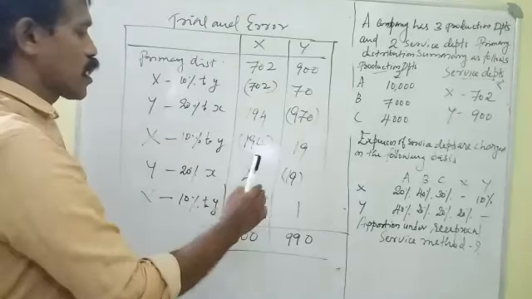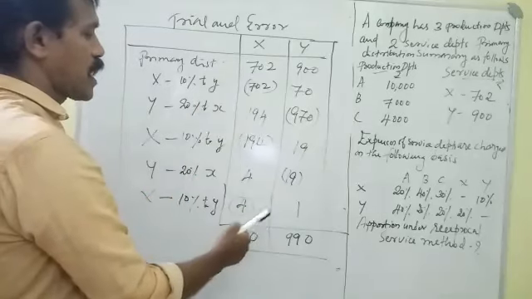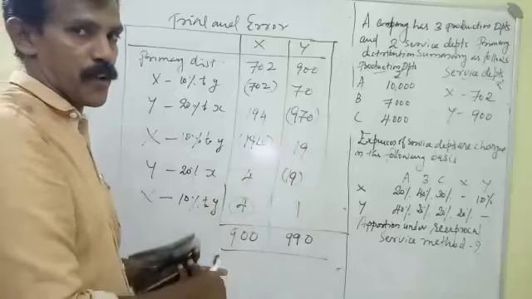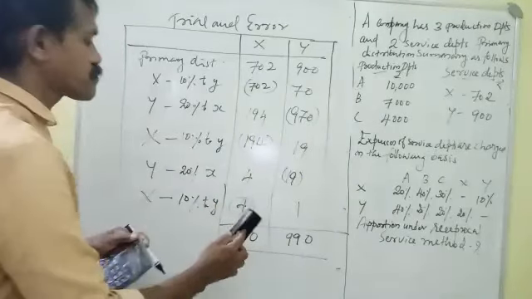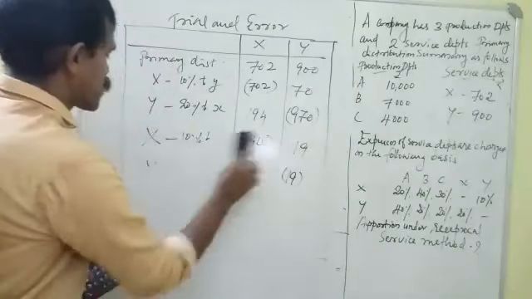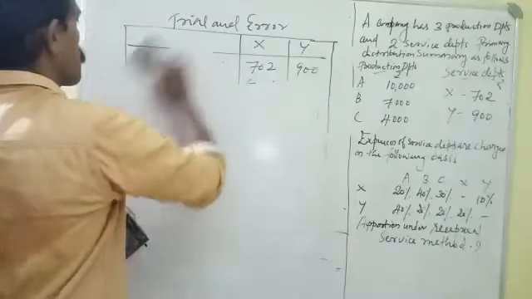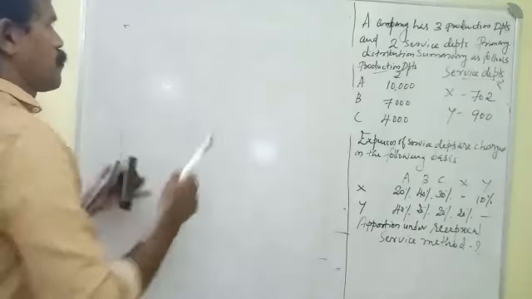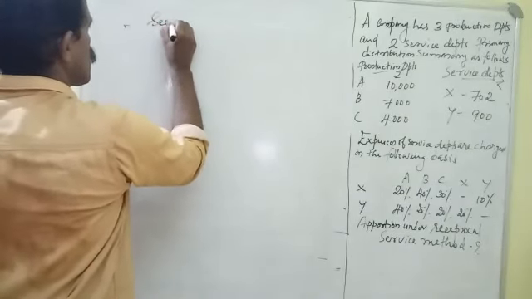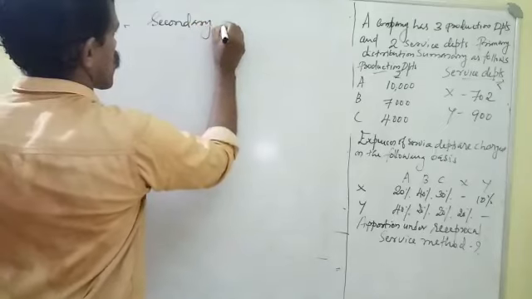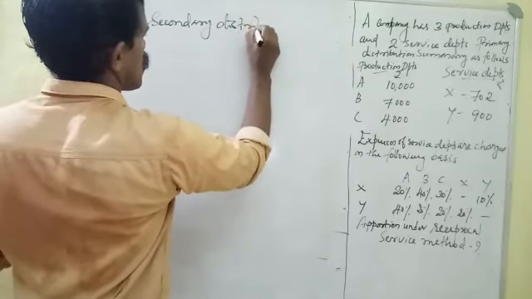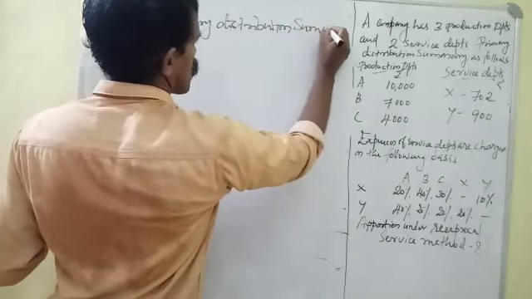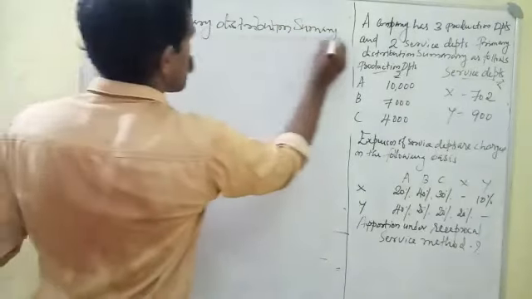Now we distribute these 900 and 990 to our production departments by preparing a secondary distribution summary.